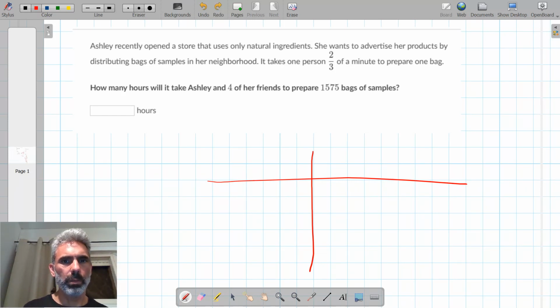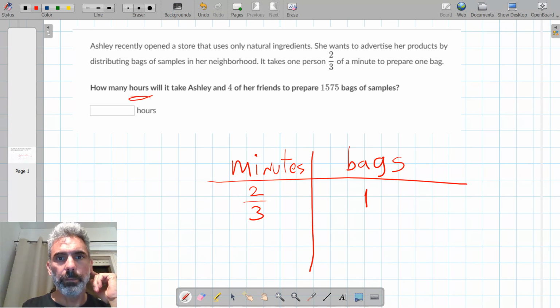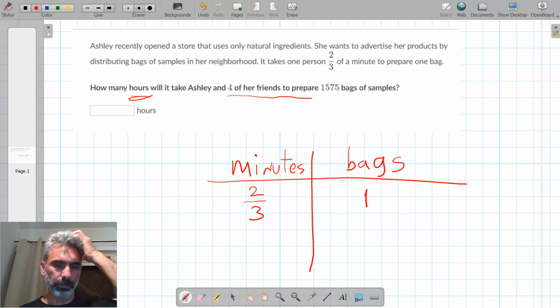So, minutes and bags. So one bag takes 2/3 of a minute. How many hours, so not minutes, how many hours will it take Ashley and 4 of her friends to prepare 1,575 bags of samples?